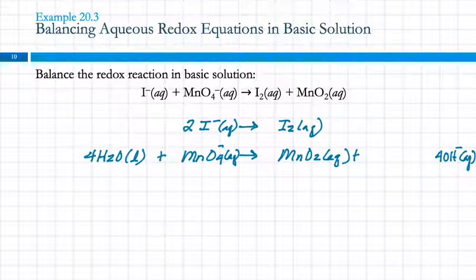So I'm subtracting 2 there, and I'm subtracting 2 here, and so I have 2 left. I have 4 hydrogens and 4 hydrogens. I have 2 plus 4, 6 oxygens. 1 manganese, 1 manganese. It's still balanced. But I didn't have to tear my hair out with the hydroxides.